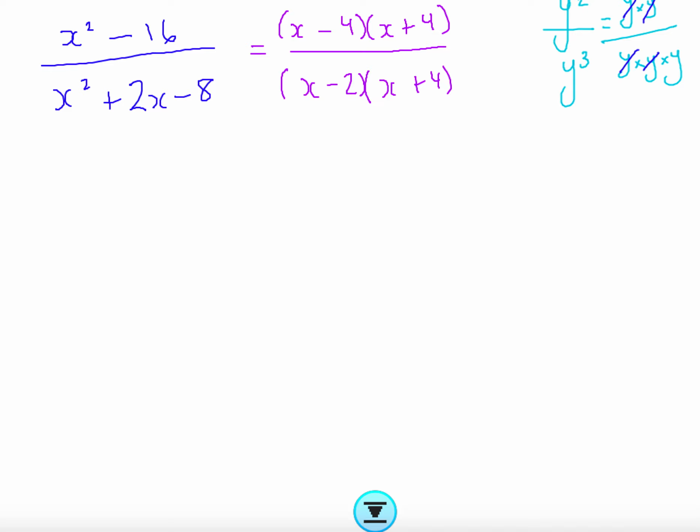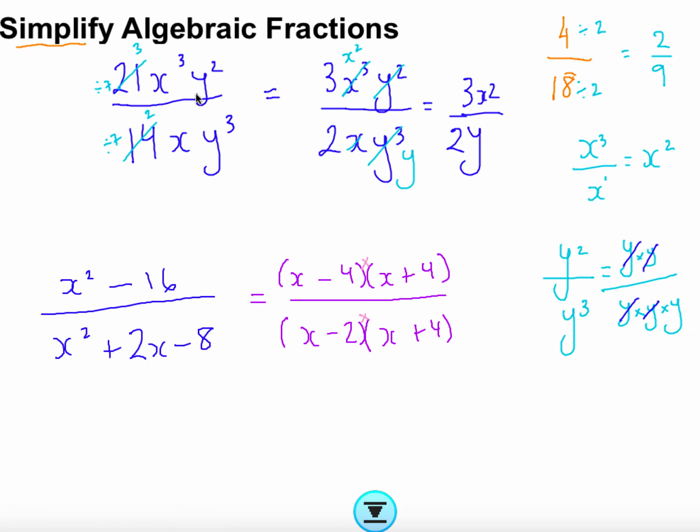And now that I have things in brackets, these two are being multiplied and these two are being multiplied. So I can consider the bracket as my single number. So in here, we can go back to our first case. So this bracket could be the single 21, and this other bracket, x plus 4, could be our x cubed.